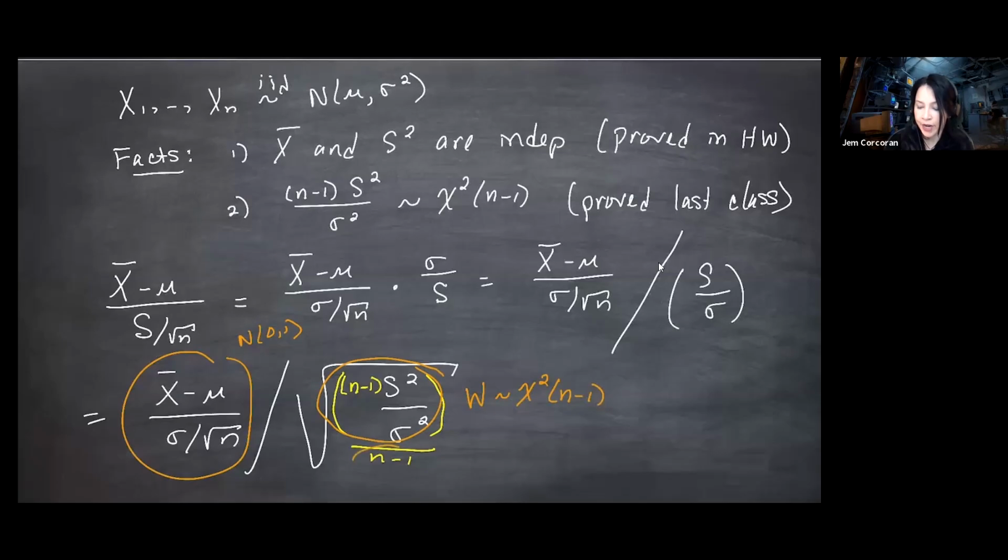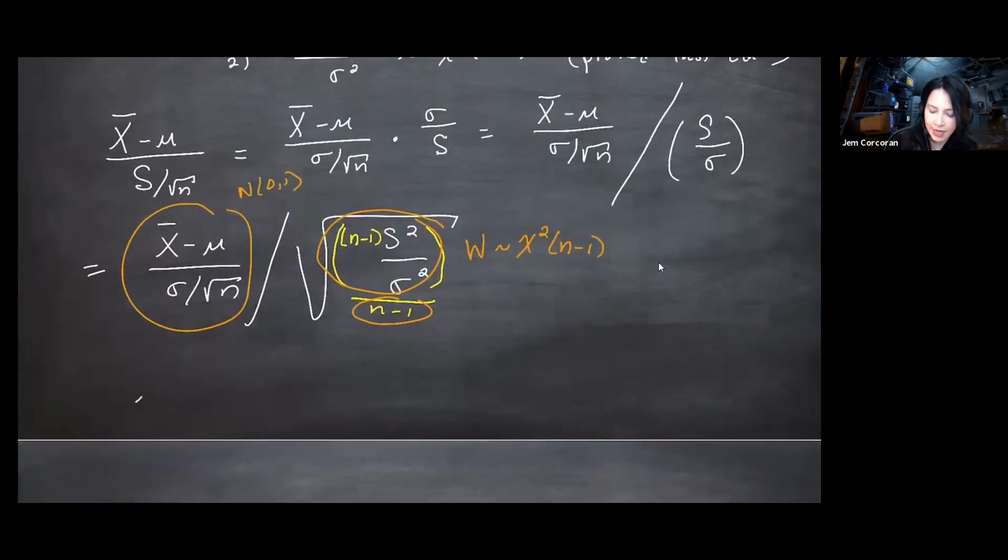And it's divided by its degrees of freedom. And this is exactly, and we're using independence of x bar, which is in the numerator, and the s squared, which is in the denominator, we have that this has a t distribution. So this whole thing has a t distribution with parameter or degrees of freedom n minus 1.